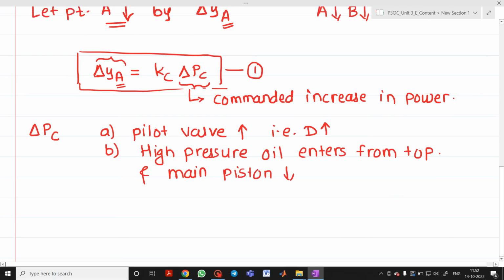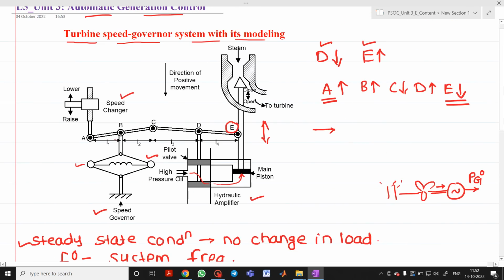So when D moves in the upward direction, the position will be like this, up to here. I will draw it like this. High pressure oil will enter from the top, and this main piston will move in the downward direction because of this high pressure oil.